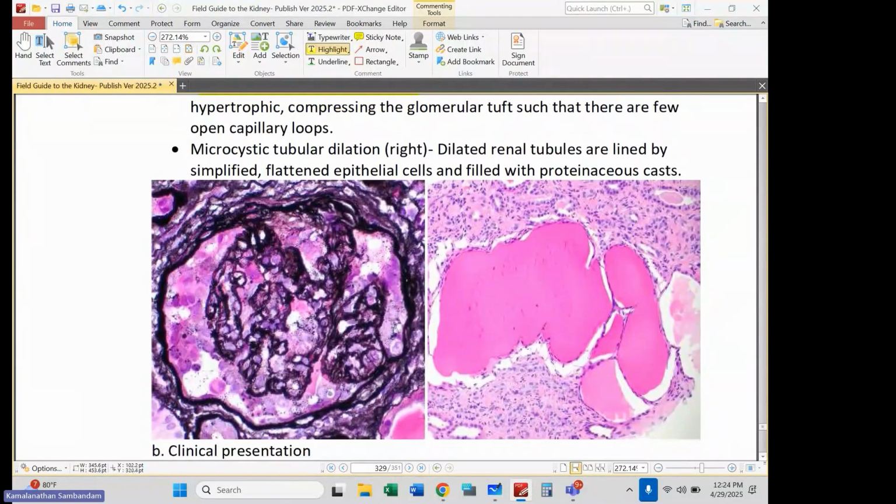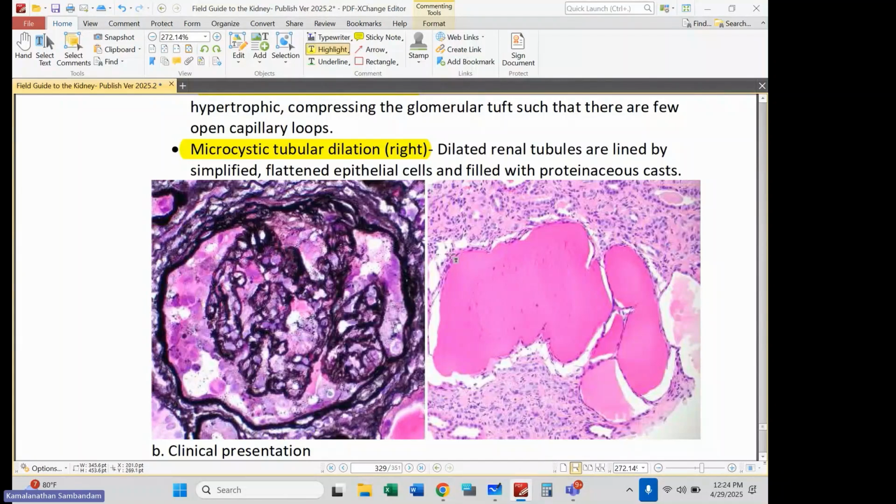Now, the other frequent feature that I'll highlight is present on this right-hand side, where you get this de-differentiation and increase in cell number that occurs in tubular epithelium. Okay, so not only in podocytes, but also in the tubular epithelium.